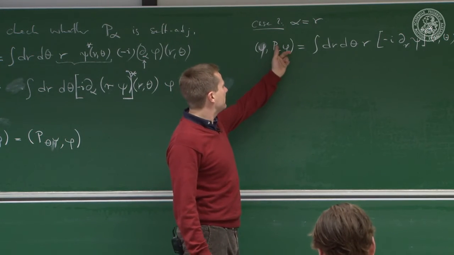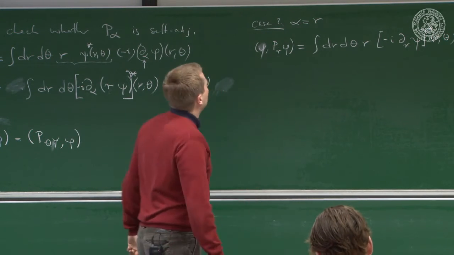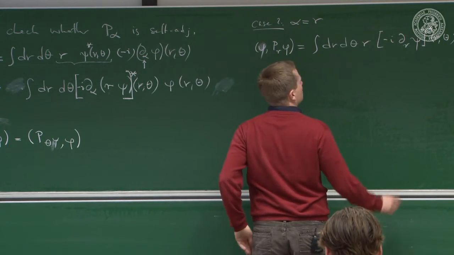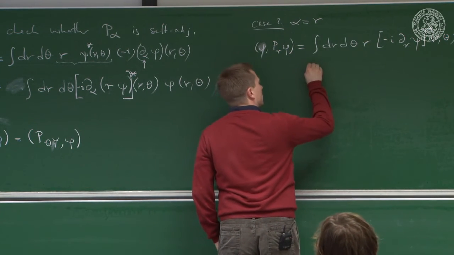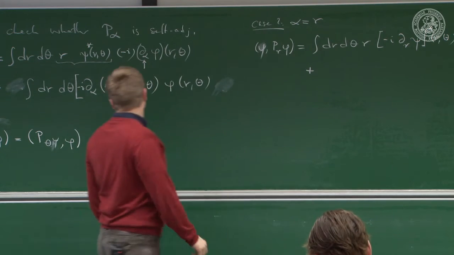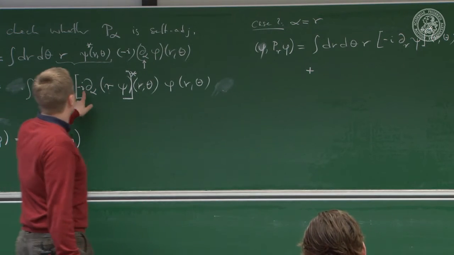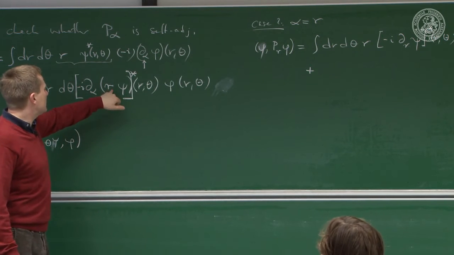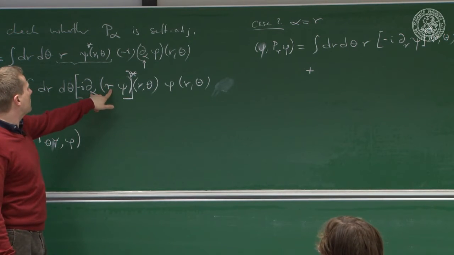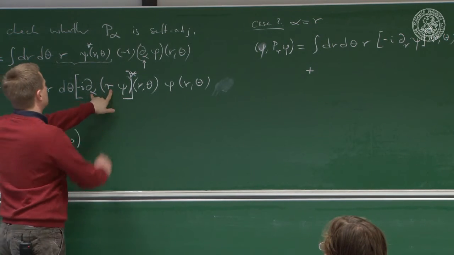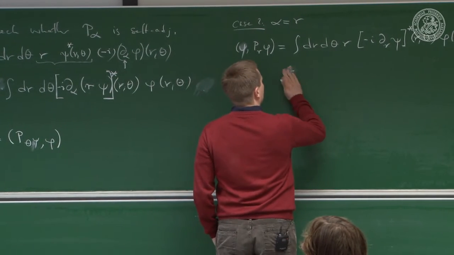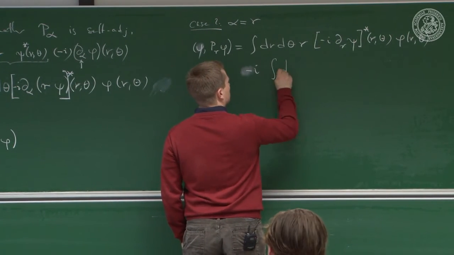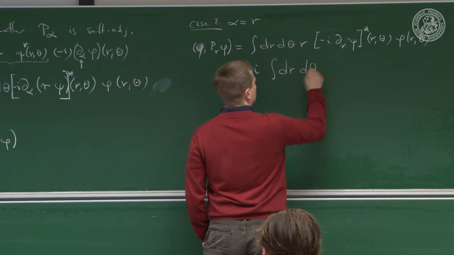We wanted, if the p r were self-adjoint, but you see, because of the product rule, there is an extra term. Plus, well, okay, so what's the extra term? The del r acts on the r, and all that's left is the psi star itself. So, well, it's minus i times the integral dr d theta.